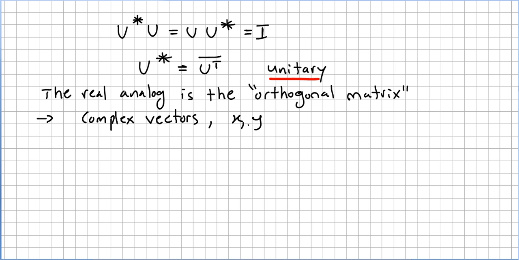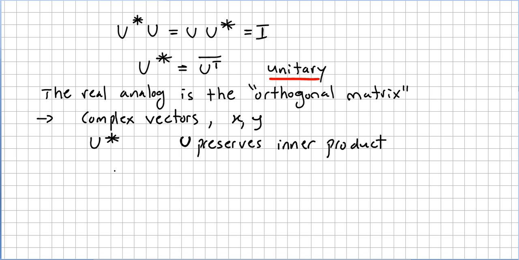If you multiply these vectors by U, and if U is a unitary matrix, the linear transformation U preserves the inner product.